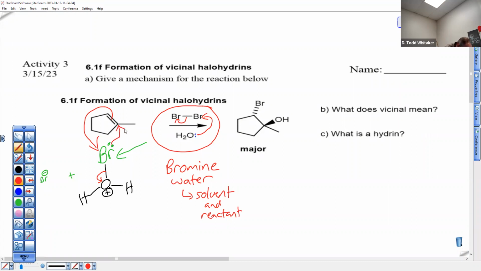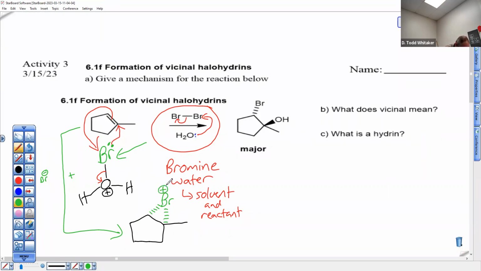Time to make a triangle. Here is your triangle. Carbons in black. Methyl here. Bromine on a dash in green. Double dash. Don't forget, it's got a charge. What's the charge?